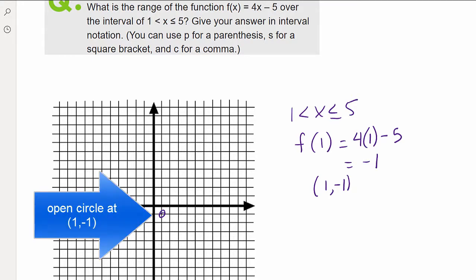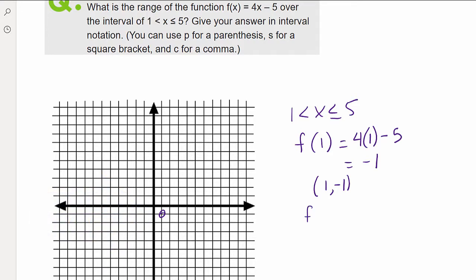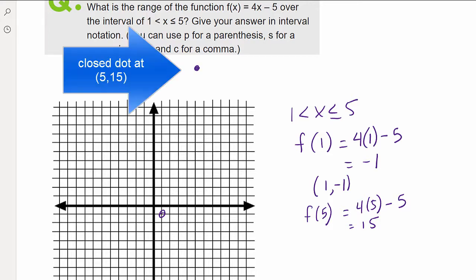Okay. The other endpoint is at 5, so we can go to f of 5 and go 4 times 5 minus 5, which is 20 minus 5, or 15. That's going to go up here beyond my grid, but 15 will be up here somewhere, and that will have a closed dot.